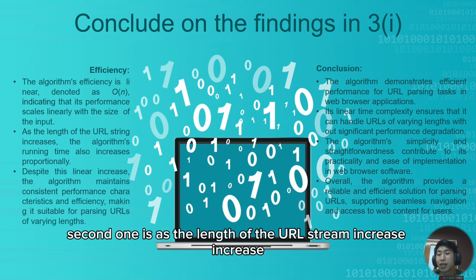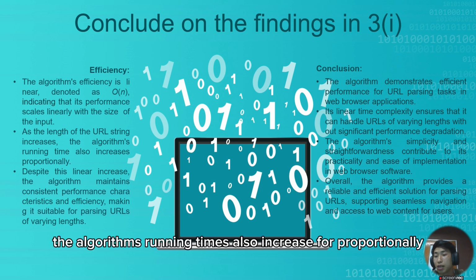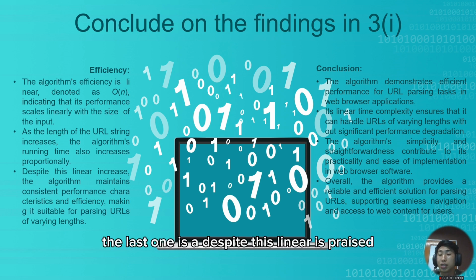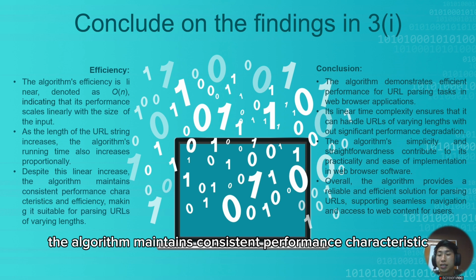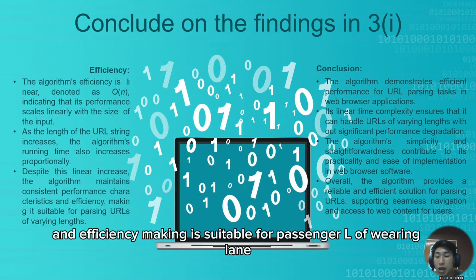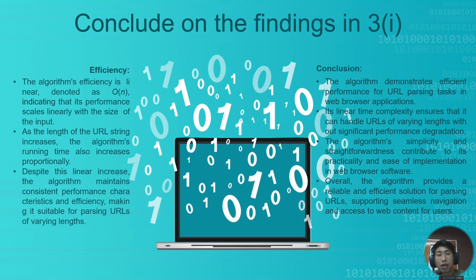Second, as the length of the URL string increases, the algorithm's running time also increases proportionally. The last one is, despite this linear increase, the algorithm maintains consistent performance and efficiency, making it suitable for parsing URLs of varying length.